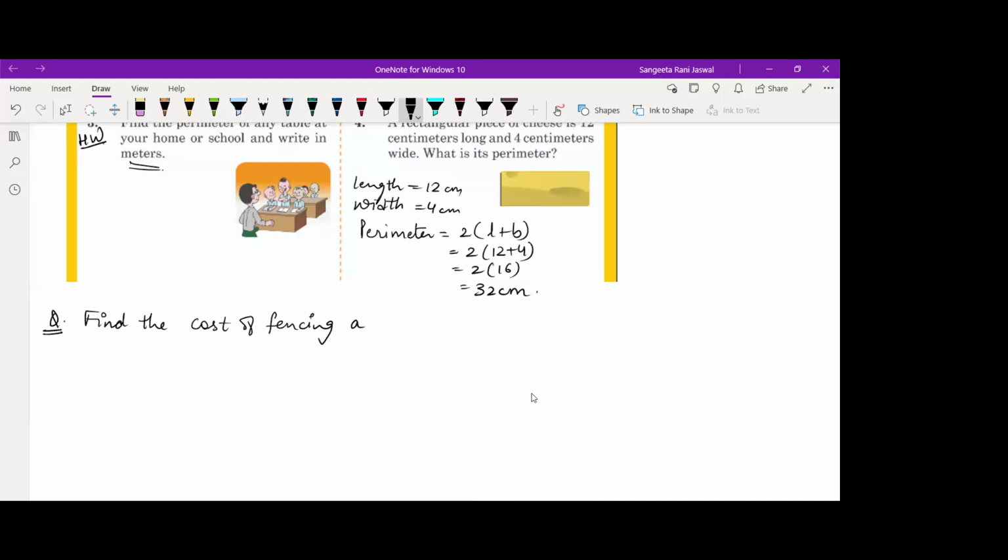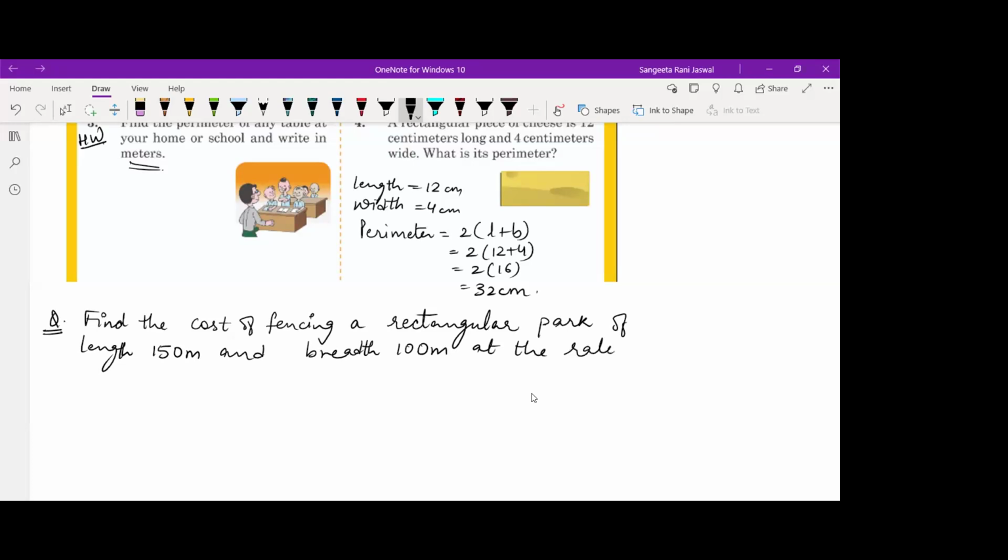Find the cost of fencing a rectangular park of length 150 meters and breadth 100 meters at the rate of rupees 20 per meter.